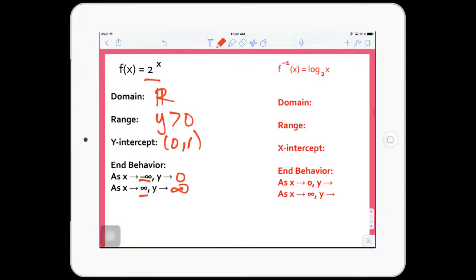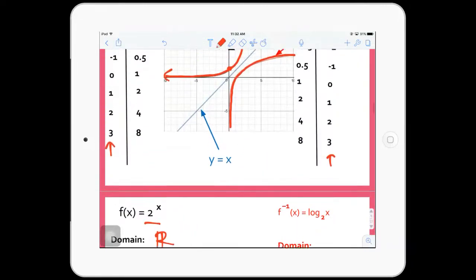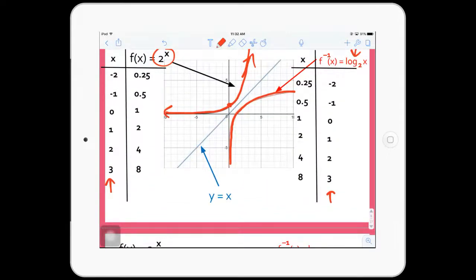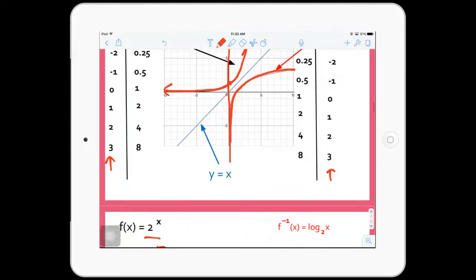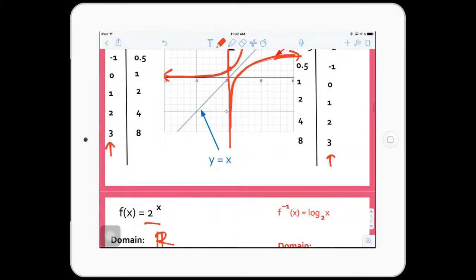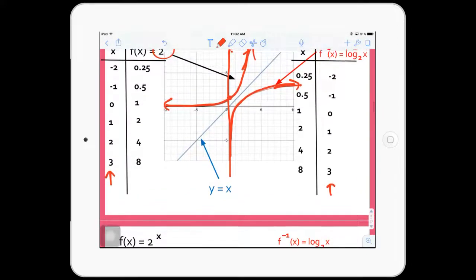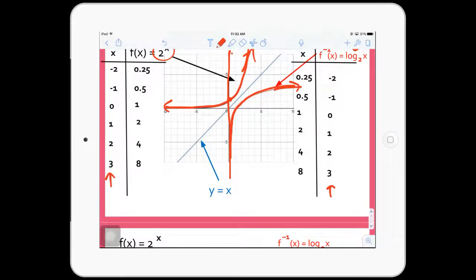But let's take a look at the logarithm function. Domain, you notice that the x value actually stops here, so it does not cross the y-axis. So we know the graph only goes to the right-hand side, because we cannot take the logarithm of any negative number.